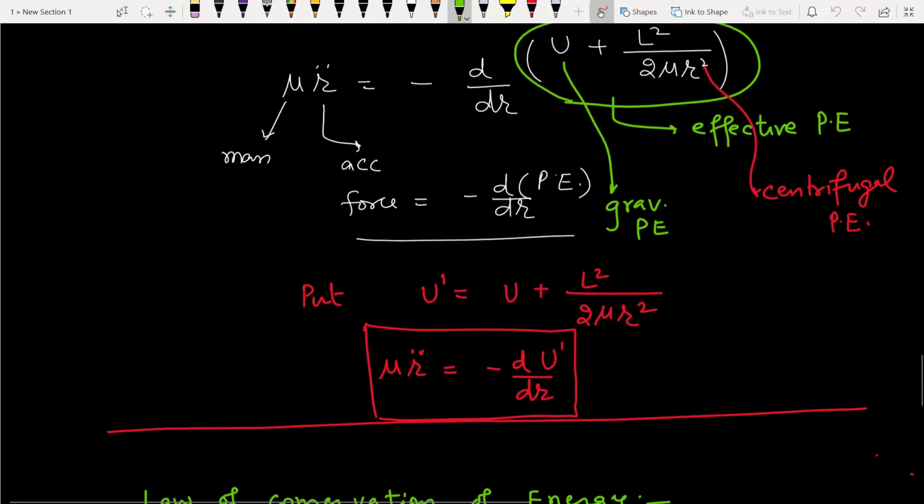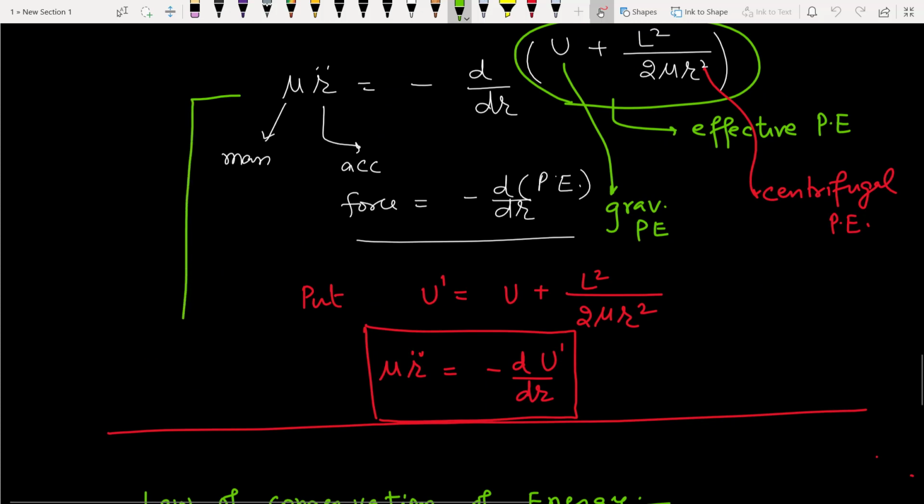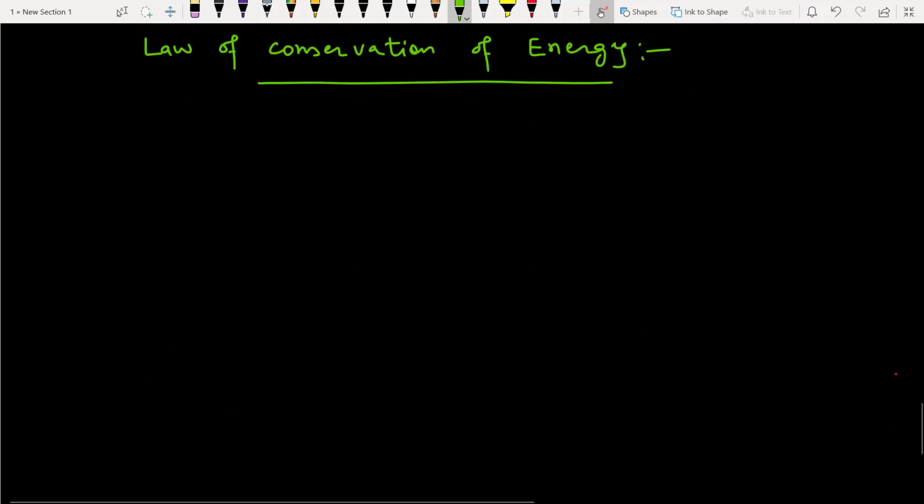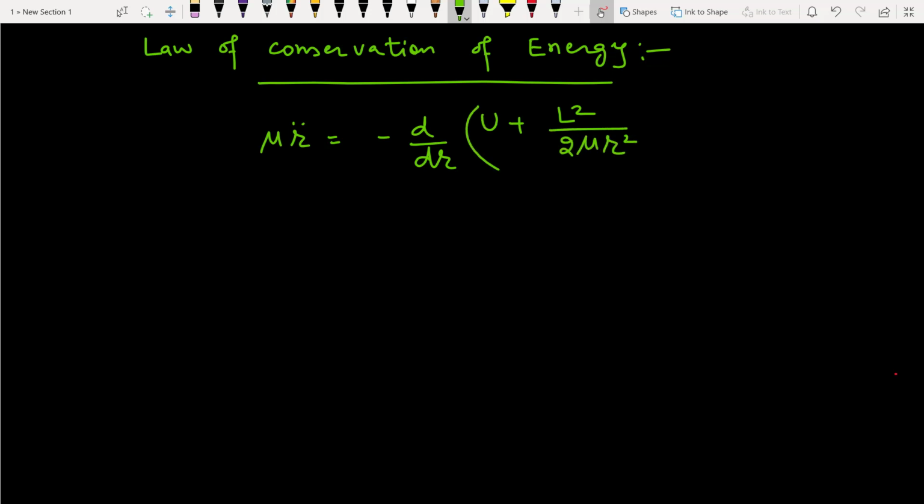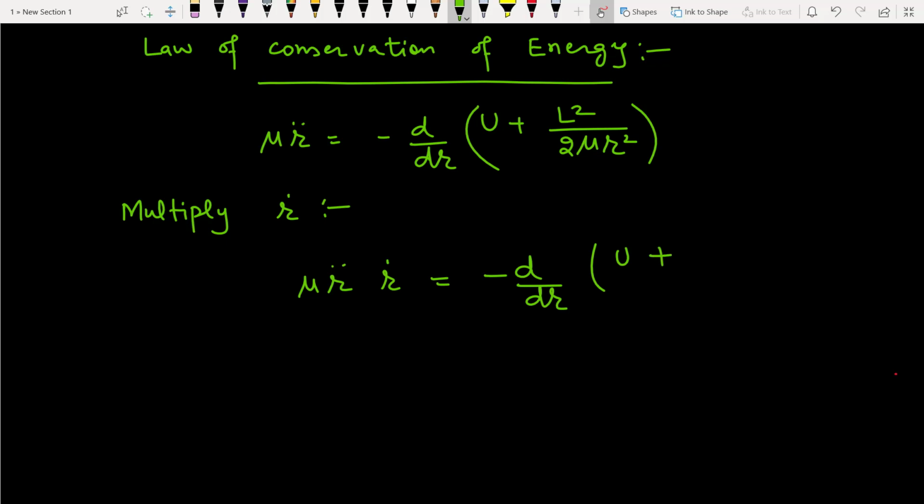So continuing this equation, mu r double dot equals minus d by dr of U plus L square upon 2 mu r square. Multiply both sides by r dot. So mu r double dot into r dot equals minus d by dr of U plus L square upon 2 mu r square into r dot.